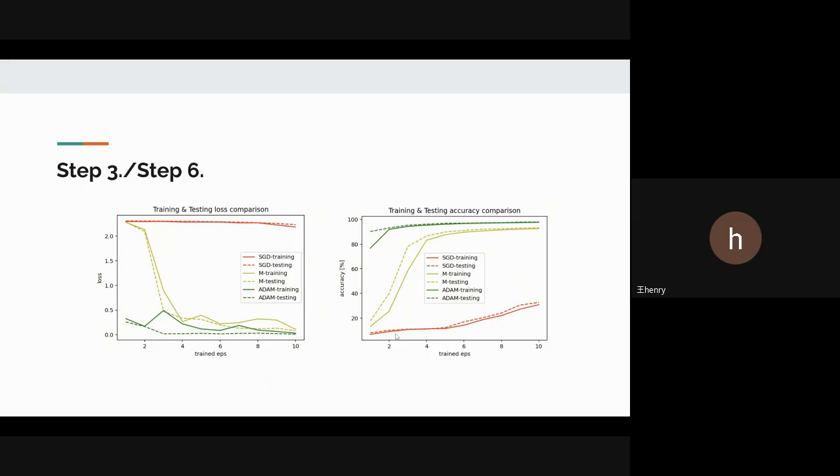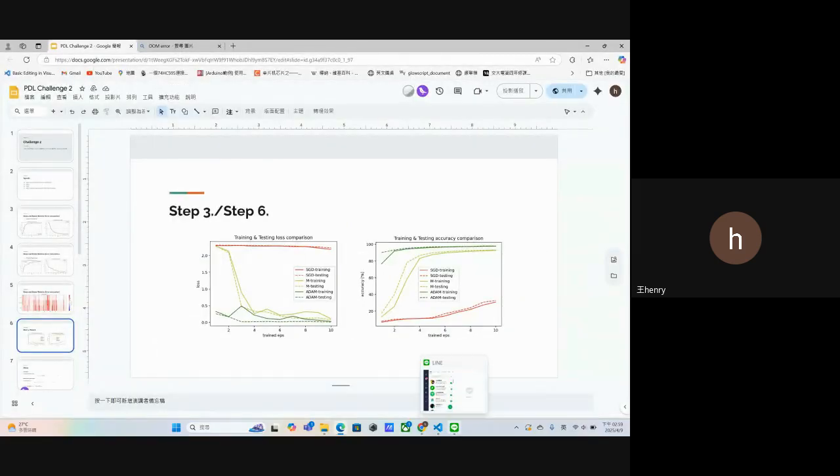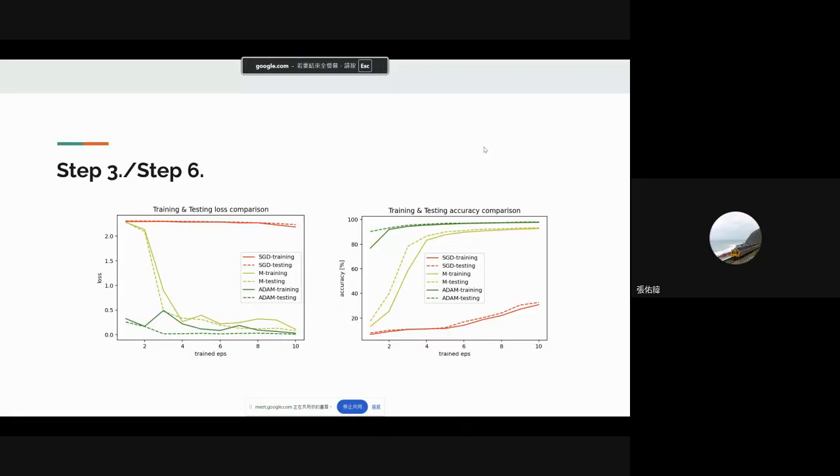Okay, then for the next page, the next member will introduce the following content. Okay, I'm the one in charge of step 3 and step 6, so I combined them together. Here are the testing loss comparison and accuracy comparison during the training epochs.